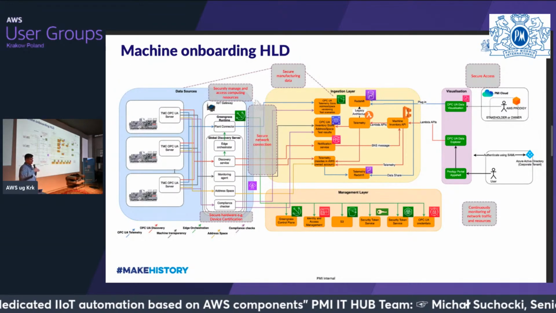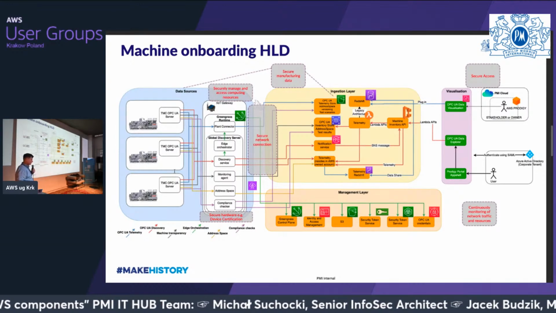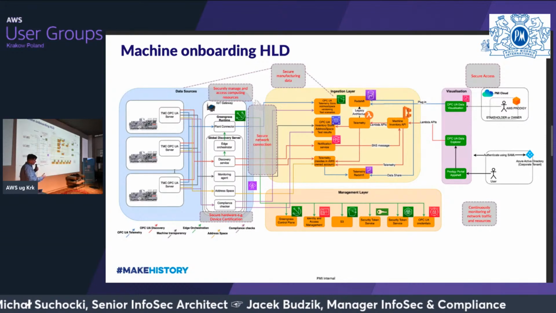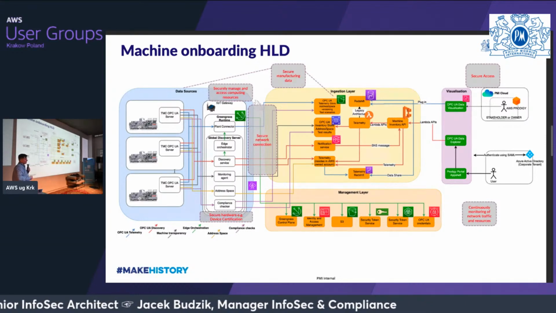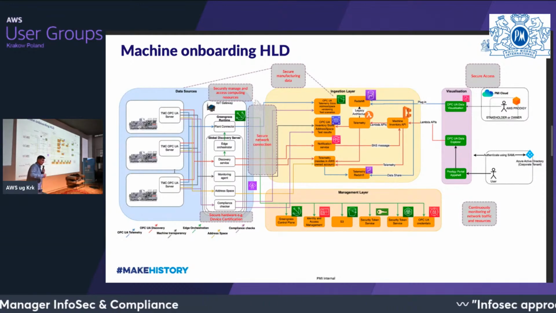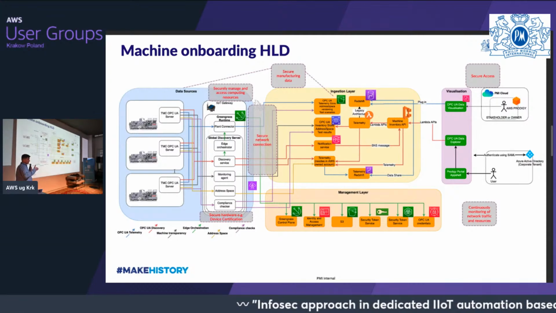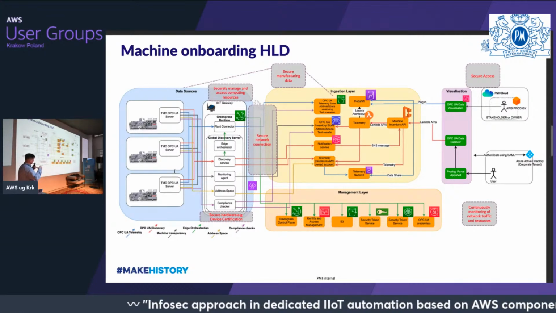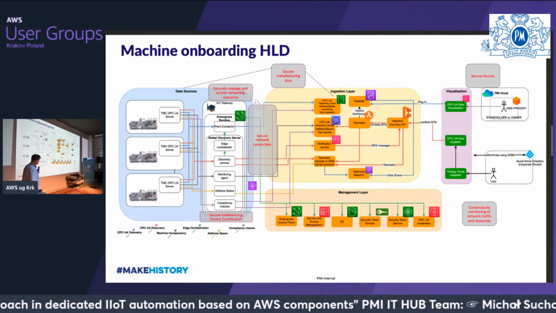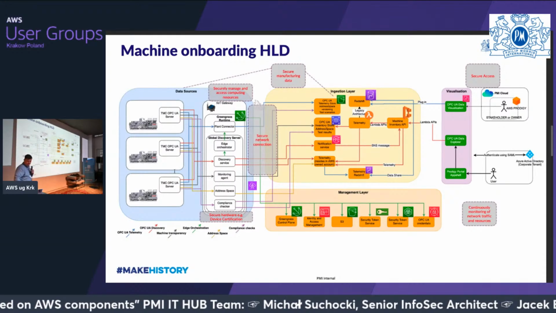Because we are jumping between different layers, we need to secure the network. When we secure the network and we are accessing a specific application, we also want to know that the proper user is accessing this system. There are proper profiles, etc. So there are at least a few aspects of how we should approach security of such machine onboarding.